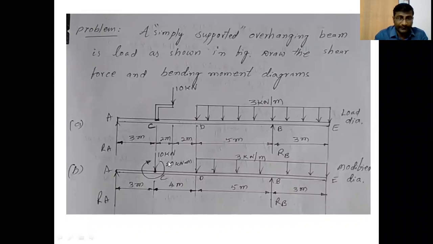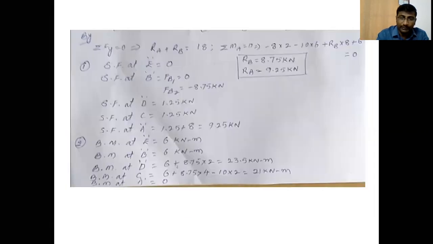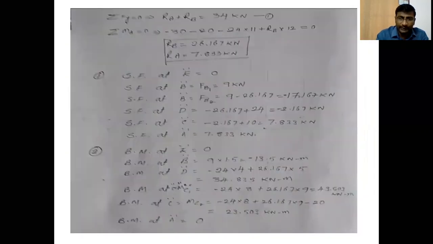Therefore, minus 20. It is already a couple, so we should not take a perpendicular distance. It is a clockwise couple. A clockwise couple is taken as negative. Therefore, minus 20 kilonewton meter.